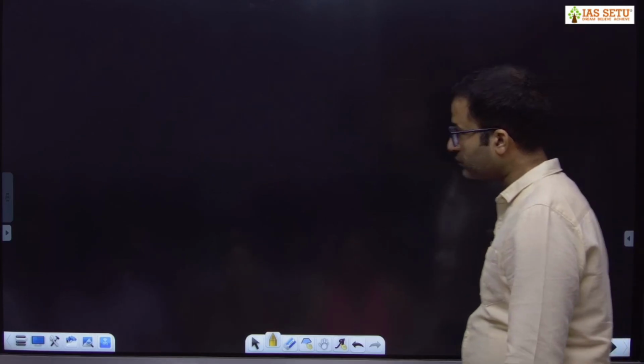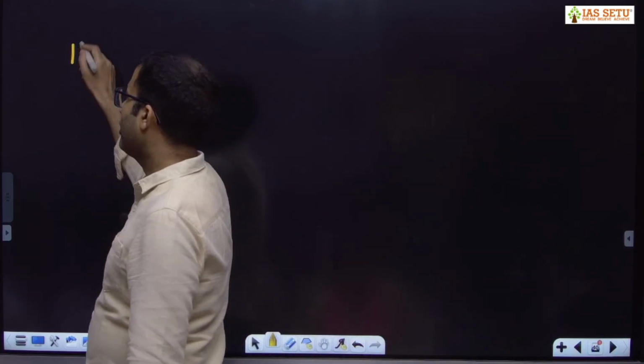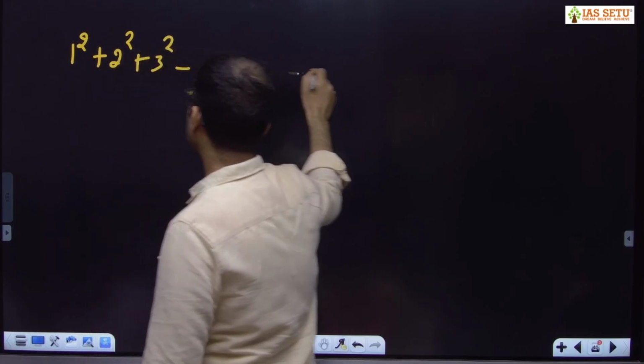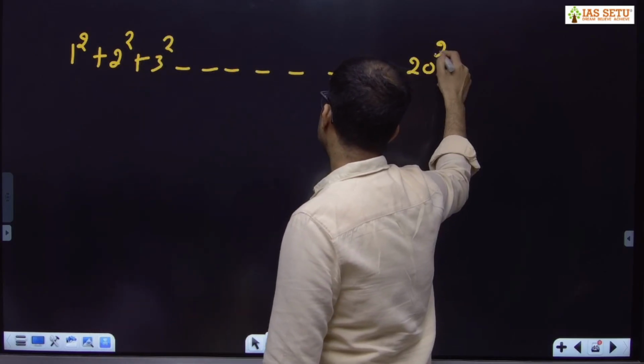Second question. 1 square plus 2 square plus 3 square up to 20 square.